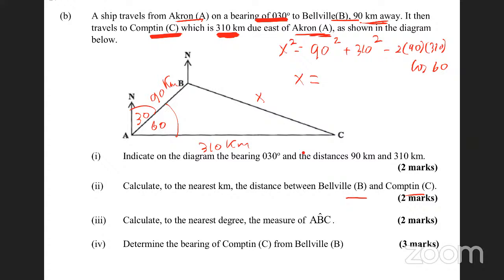That is x squared, right? 76,300. And then when you square root that, how much do you get? 276.1. To the nearest kilometer, 276. You get that, Soraya?